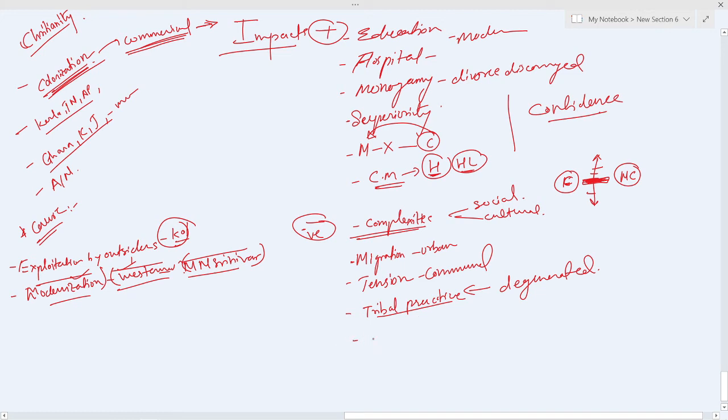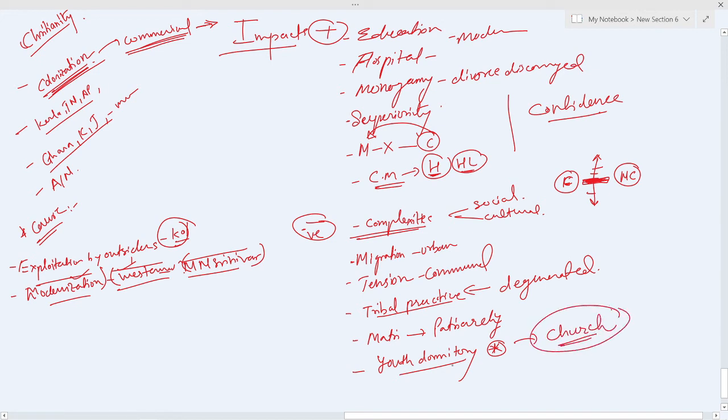Various tribes were having matriarchy, but this matriarchy was replaced by patriarchy in the tribe, and the concept of youth dormitory was discouraged. This was basically done away, because when they will not have any place to gather, the ultimate place for gathering will become the church. So hence they discouraged the youth dormitory.